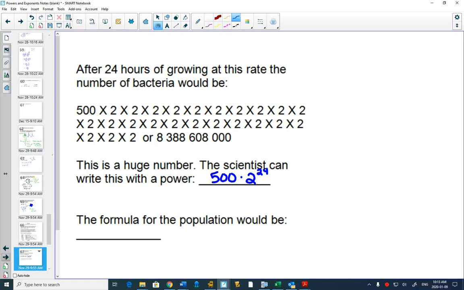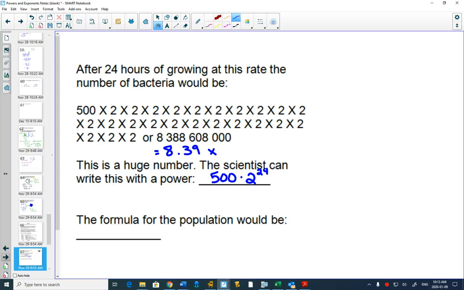So scientists like to write things out with exponents. And when they're dealing with numbers that are big like this, sometimes instead of writing 8.388, they round it and write 8.39, and they write it in scientific notation. Have you done scientific notation in science class?